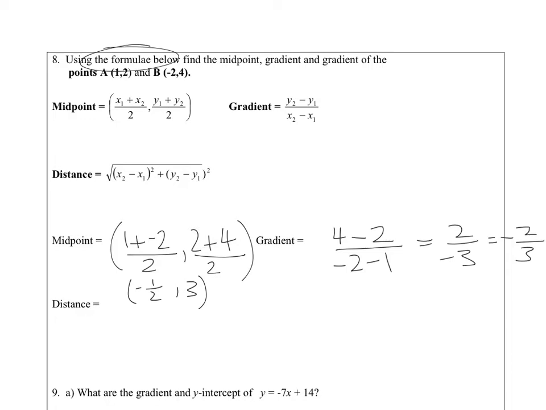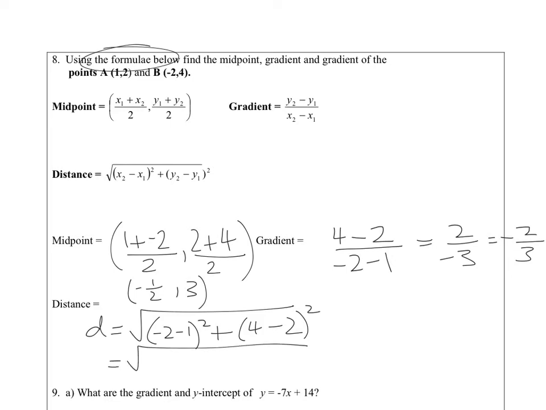The distance, square root of x2, which is negative 2, take away 1, all squared, plus y2, 4, take away y1, all squared.